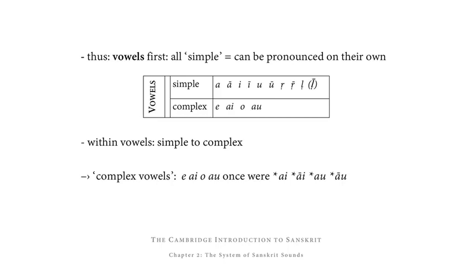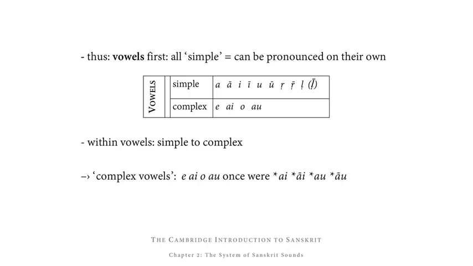Now I said that the vowels are listed not just from simple to complex, but also from back to front. If you think about the pronunciation of a, i, u, r, l, you can maybe feel that the pronunciation goes from the back of the mouth to the front of the mouth. When you say a, the pronunciation is fairly far down in your mouth, whereas the pronunciation of l happens right at your teeth.